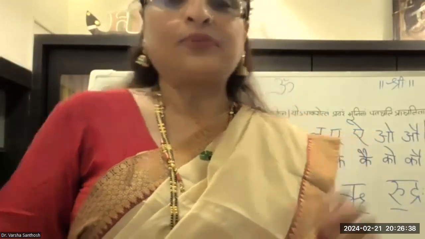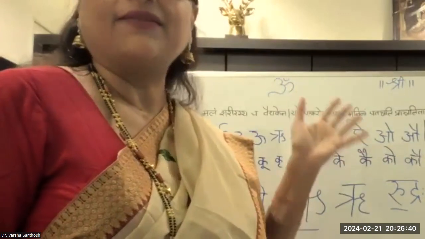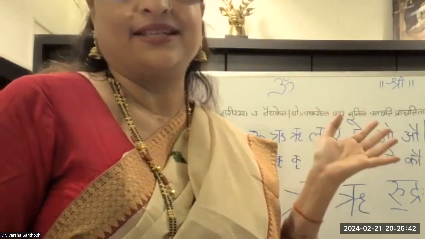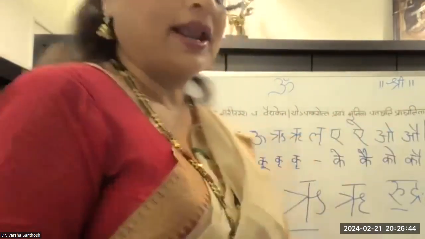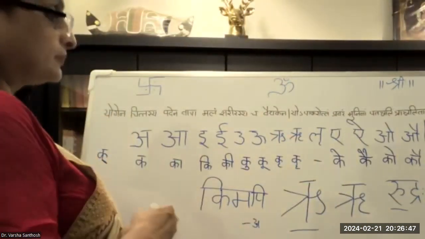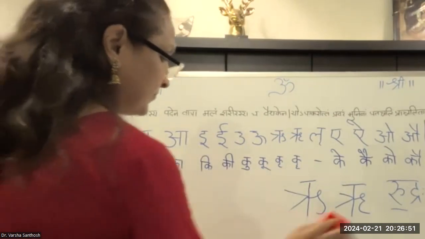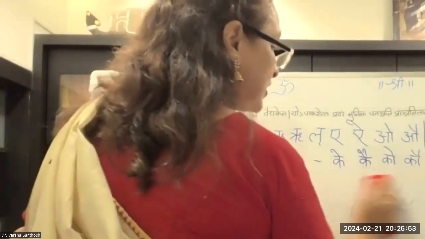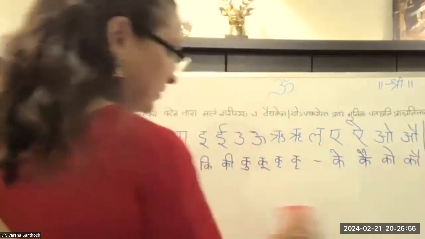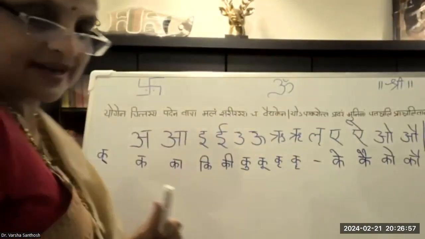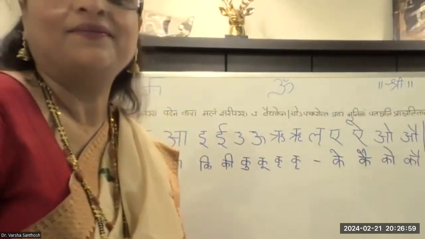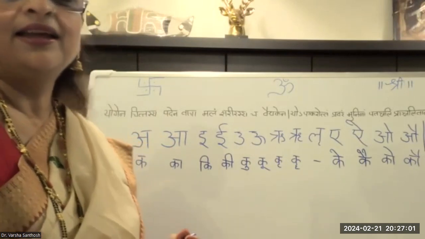So now we have two kinds, right? We have a swara, we have a vyanjana. Correct. So now we come back to our sandhi session. This was all a little bit for you to brush up on, from our first standard or fifth standard, whichever time we learned the Devanagari.